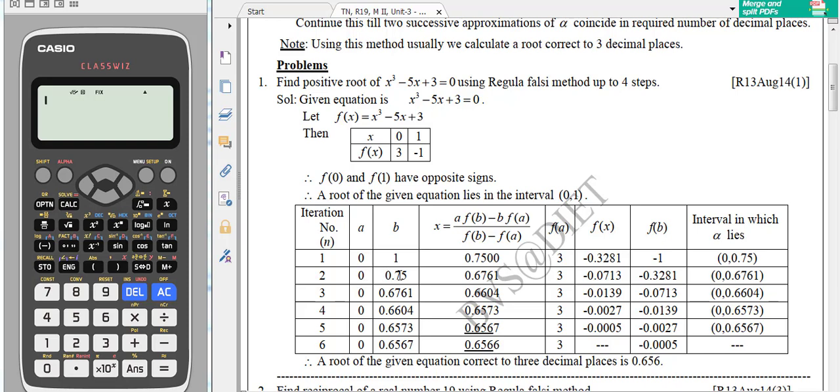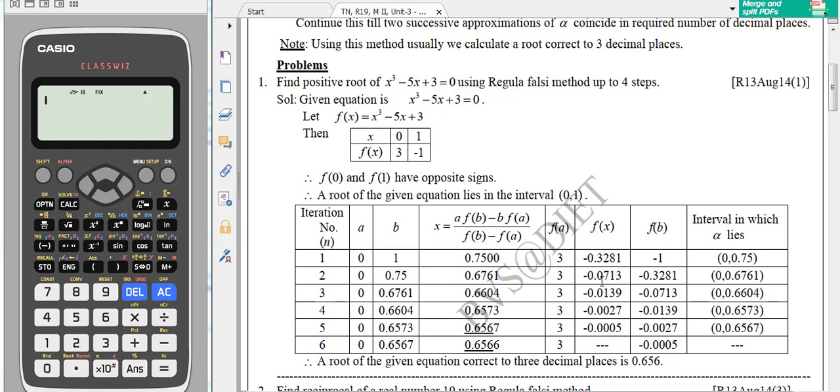So for the second iteration, a and b values become 0 and 0.75, and using these a and b values in this formula, you can get the second approximation as 0.6761, which can be obtained once again using the calculator. Then we go for noting down f of a and f of b values. We can copy down those values from the above iteration.